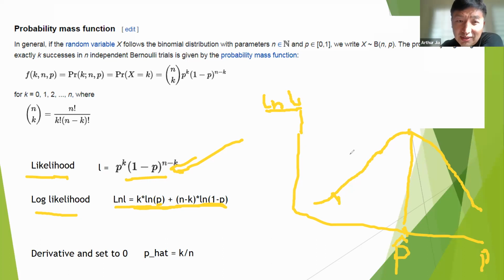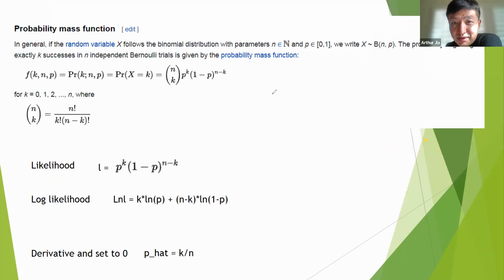To achieve this, I'm going to write something here. We're going to do the first derivative. And this part is important. I may ask you similar questions in the final exam. So we do this in terms of p, the first derivative. The first part is very easy.